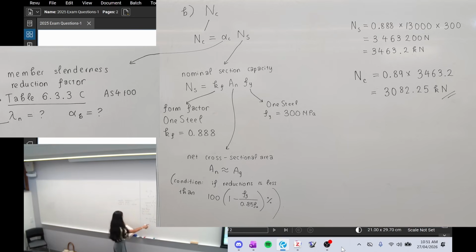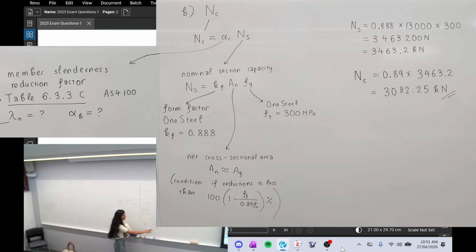So the condition for using this assumption is like this. If your reductions that you're making due to any holes or penetrations are less than this much percent, so 100 minus FY over 0.85 FU percent.